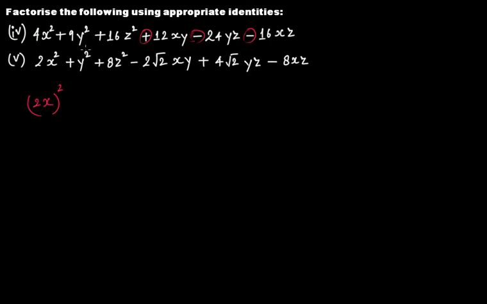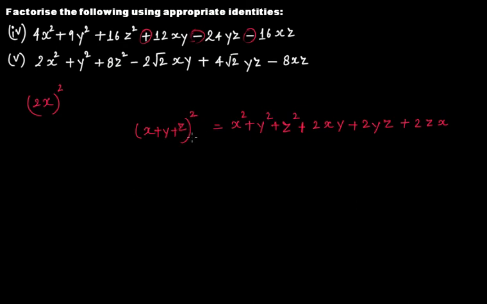Now, if you look at this algebraic expression, it should remind you of x squared plus y squared plus z squared plus 2xy plus 2yz plus 2zx, and this is equal to (x plus y plus z) whole squared.